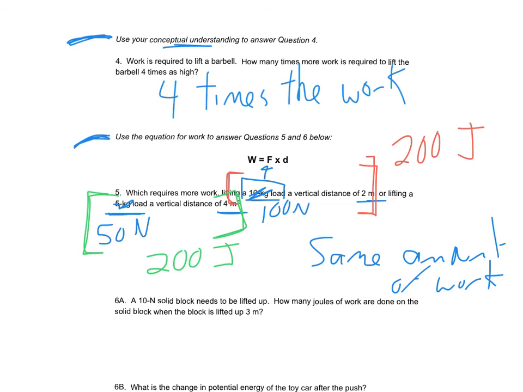A 10 Newton block needs to be lifted up. How many joules of work are done on this solid block when it is lifted 3 meters? I like this question. This appears more straightforward than the comparison one in number 5. So I get to more directly say, oh, okay, I'm going to apply this formula. Work equals force times distance. The force that I'm going to apply is 10 newtons.